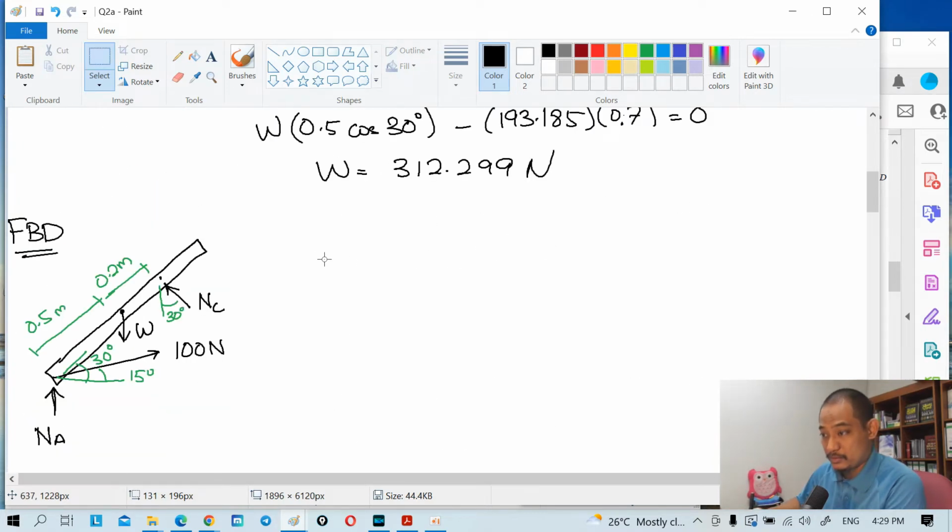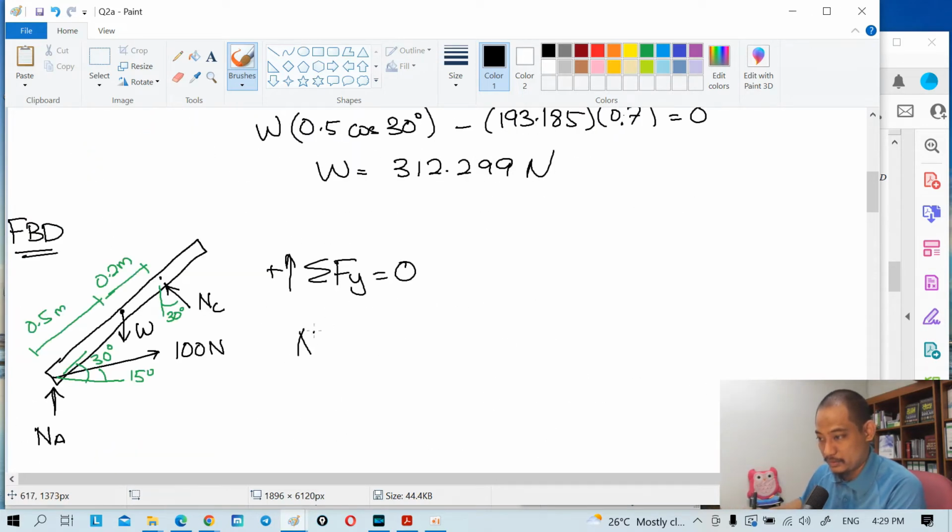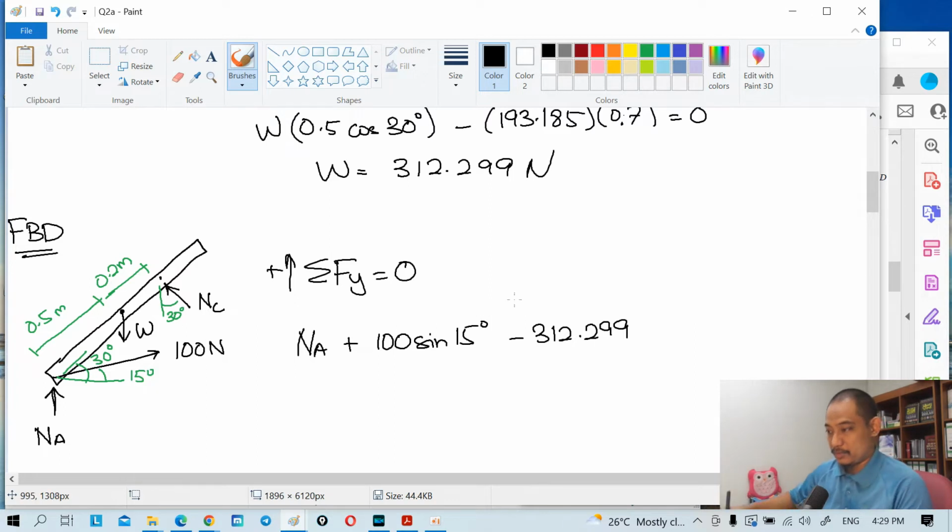Okay, now, summation of Fy equal to 0, upwards as positive. So let's start from down here, NA. We are going to find NA, and then this 100 Newton plus 100 sine 15 degrees, and then minus W, minus 312.299, and then plus NC, which is 193.185 cos 30 degrees, equal to 0.